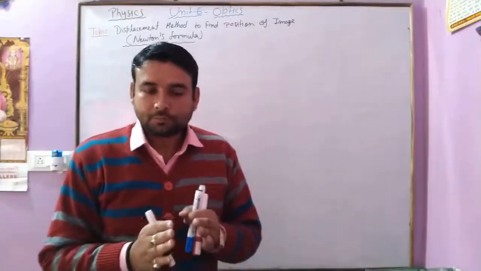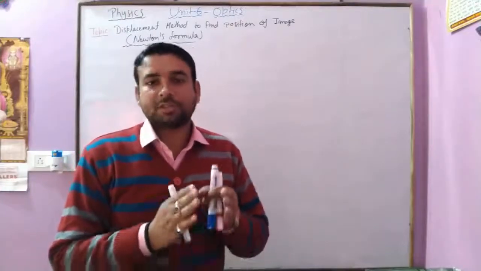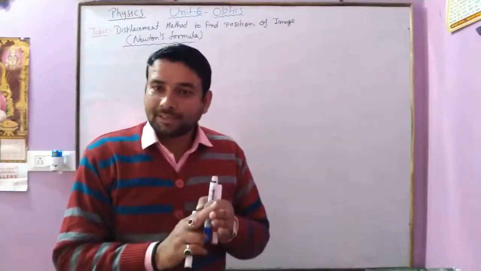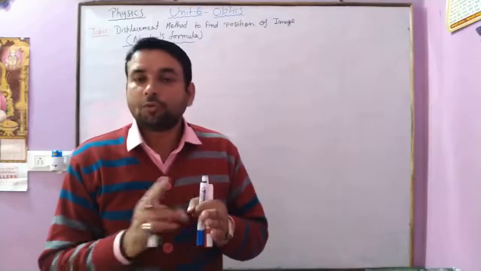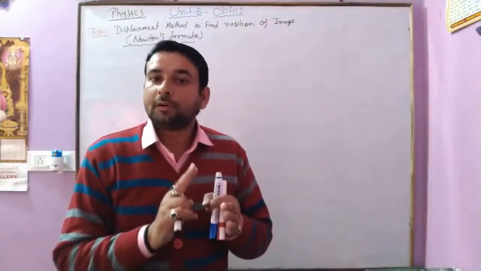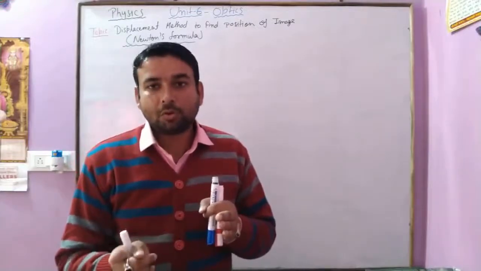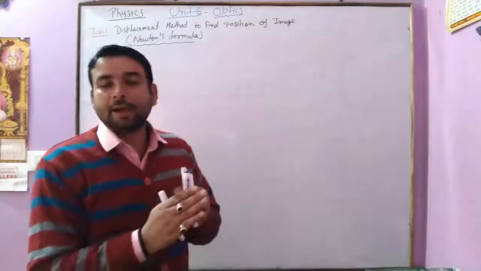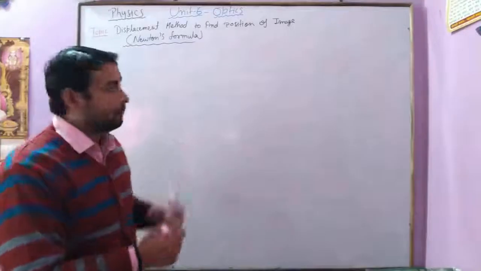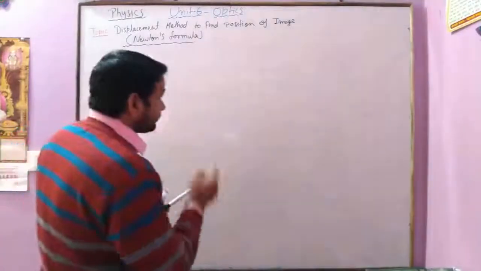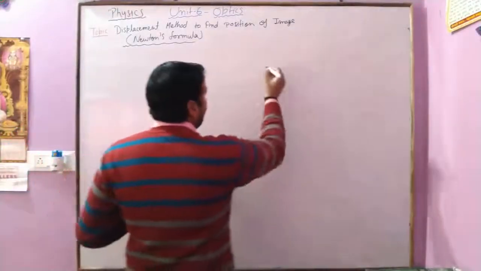For such cases, the lens has two different positions to form the image of the same object on the same screen placed between them.